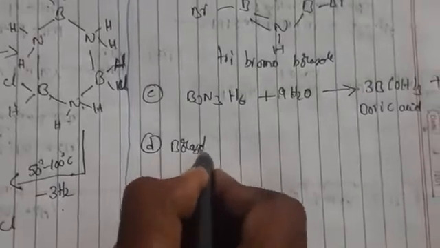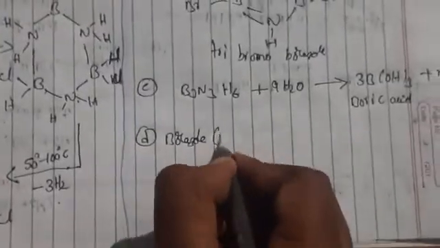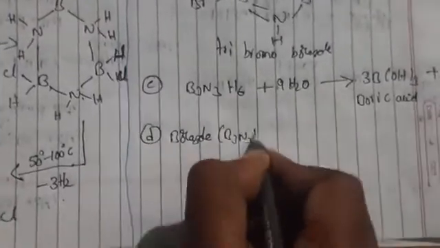Next one, let us see here. Again we are taking borazole. What is the borazole formula? B3N3H6. With water, when you treat it, we are getting boric acid and ammonia. There will be loss of H2. Pyrolysis is nothing but what?